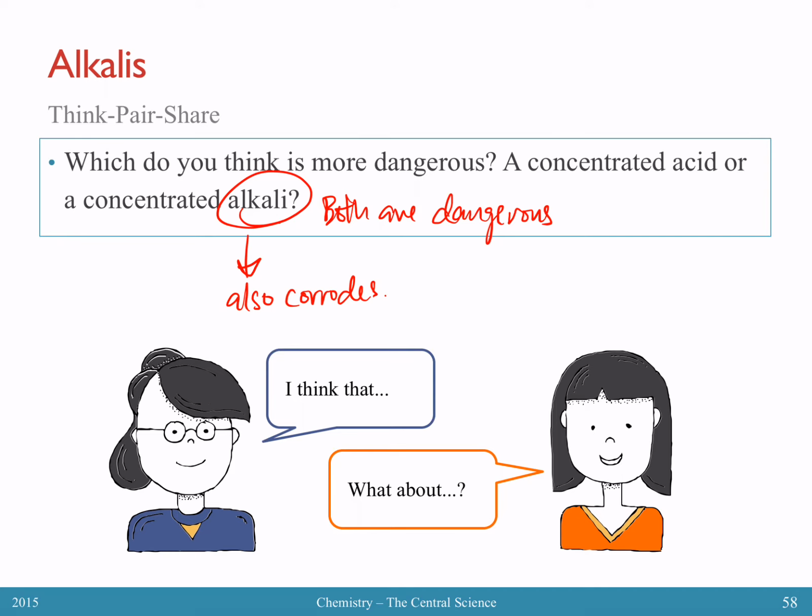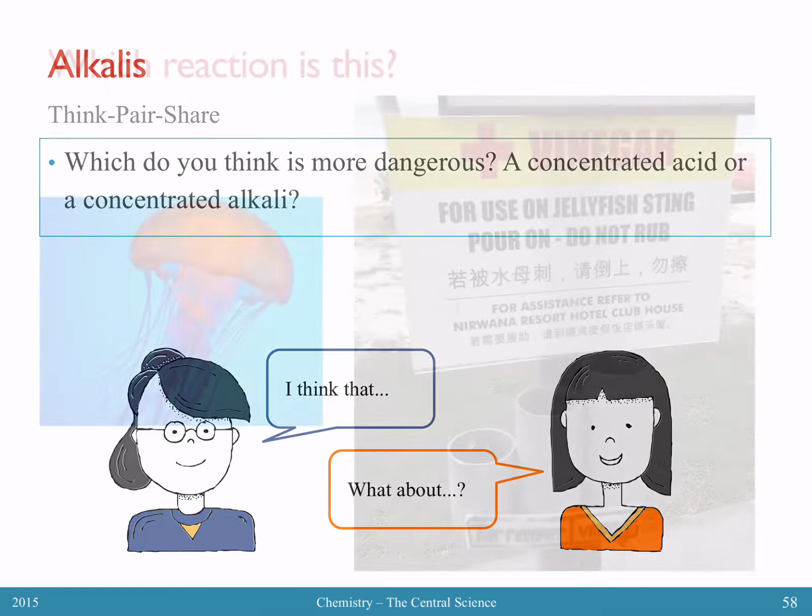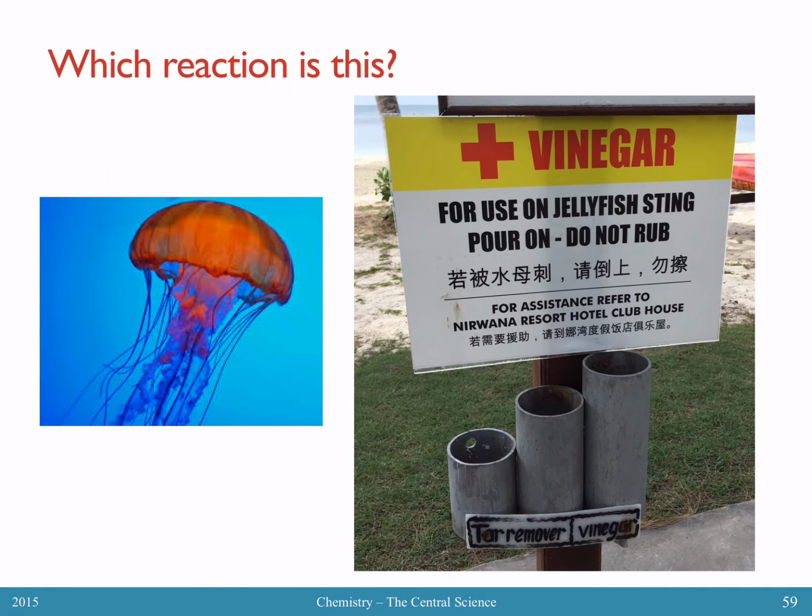It's not that acids are dangerous. Acids are just for some reason more well known. So which reaction is this? This is a neutralization reaction. The sting of a jellyfish is alkali, and vinegar is acidic.